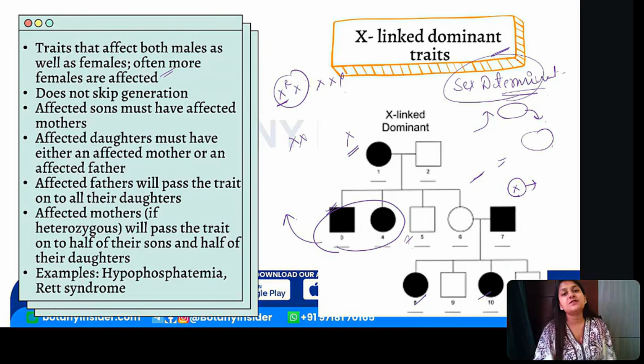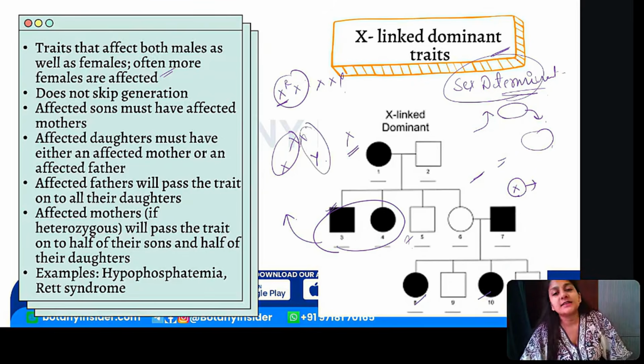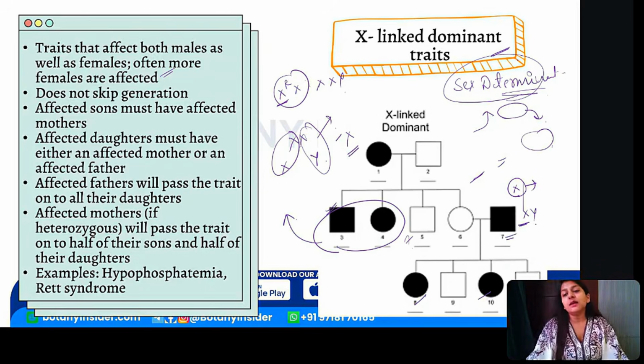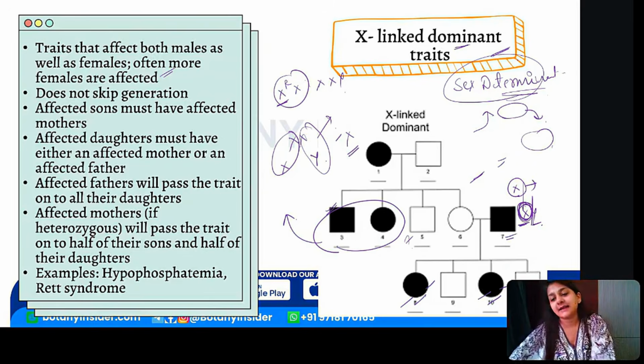It is the male which will be imparting either X or Y. So if the father's sperm is carrying the X chromosome, it will be a female, and if it is carrying a Y chromosome, it will be a male, right? So every X chromosome will be carrying the disease and it is a dominant character. All the females, because the father will be providing the X chromosome, will be having it, right? So X-linked dominant characters have all of these characteristics.